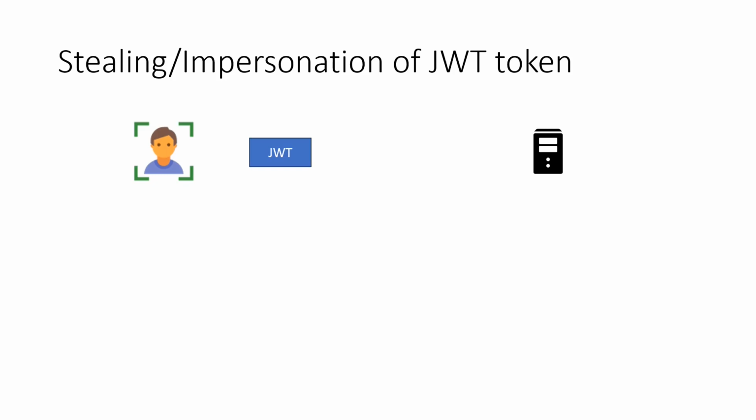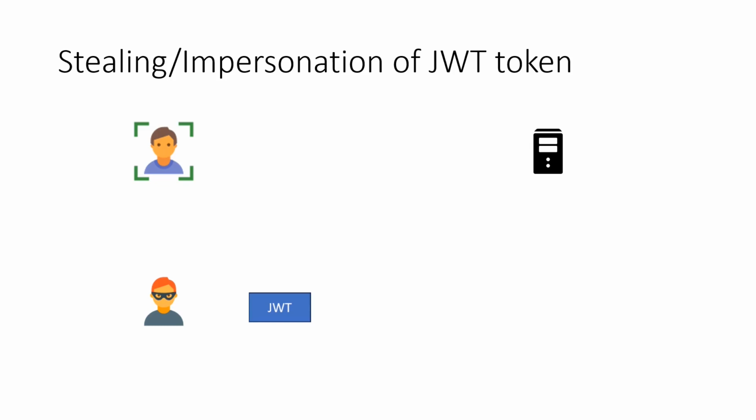But if some malicious or threat actor gets the JWT token, there is no way the server can understand whether this JWT token has been sent by the legitimate user or by some hacker. So how do we stop it? It is really difficult in the context of a JWT token, because the server has no means to understand whether the token was sent by the user or by the hacker. It can just verify whether the JWT token is correct or not.